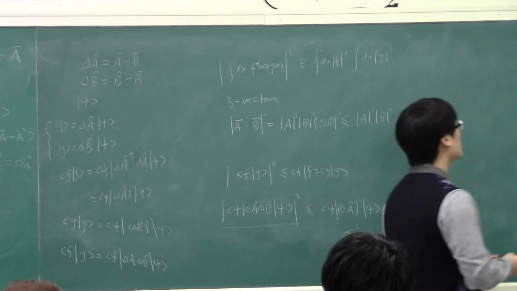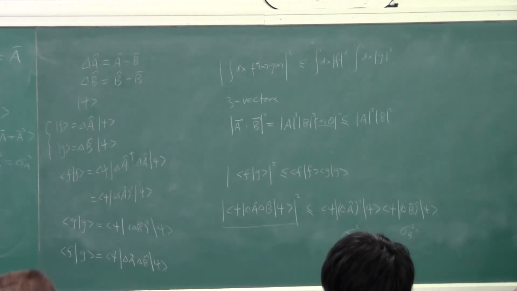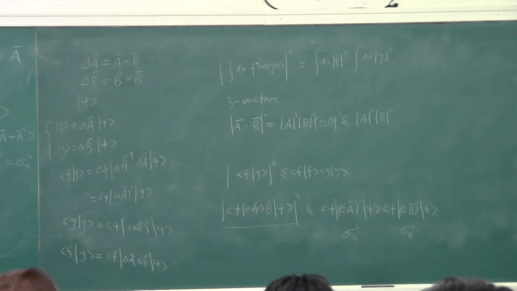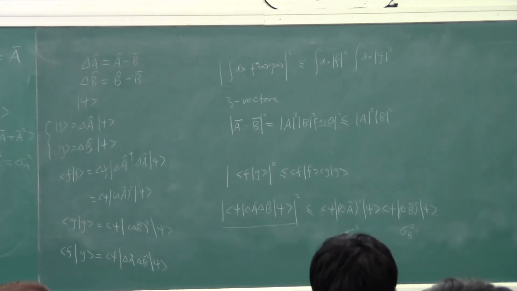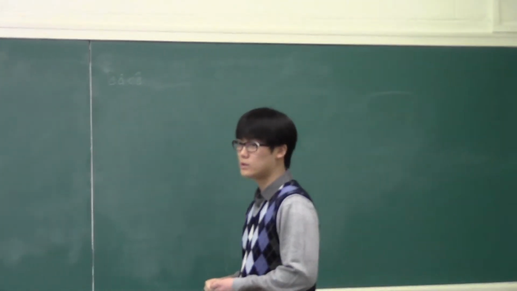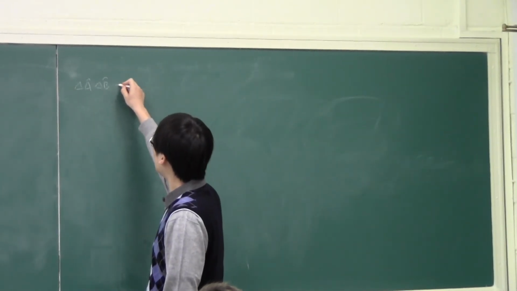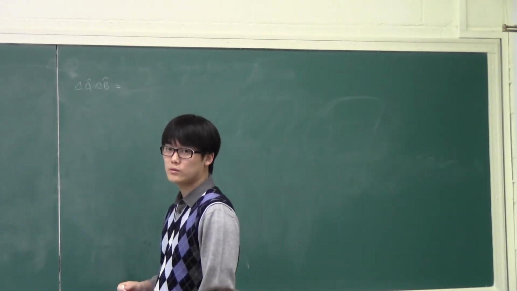So now, although A and B, and delta A and delta B by themselves are all Hermitian operators, their product is not necessarily Hermitian. Especially when they don't commute, it's guaranteed not to be Hermitian. But I can always decompose this into two parts.